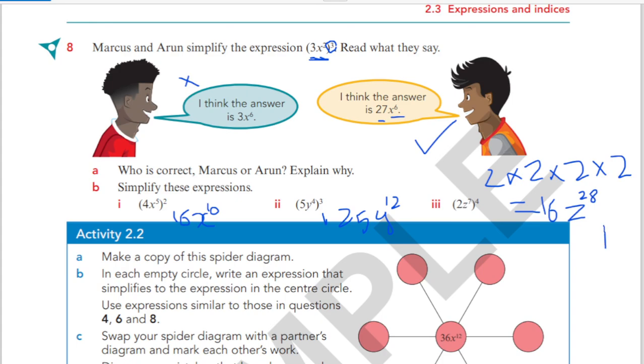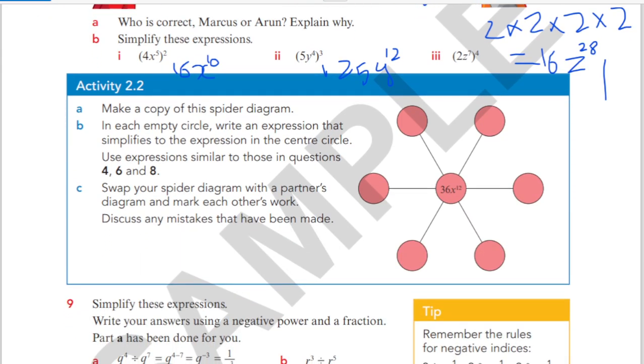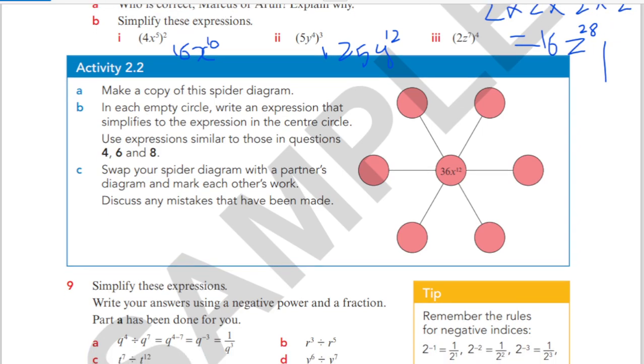Okay, now move to question number 9. You can solve this activity on your own. They are saying you just have to find the pairs which can make 36x^w. So I'll help you out with one of them. You can say that 6x power 6 squared.